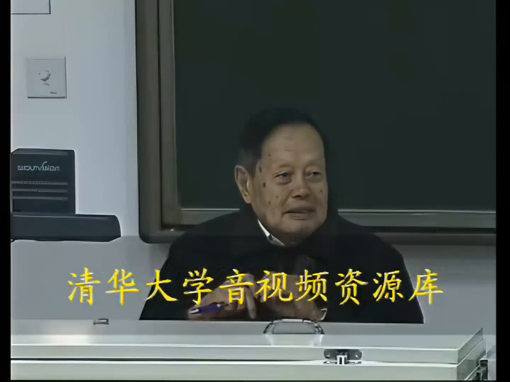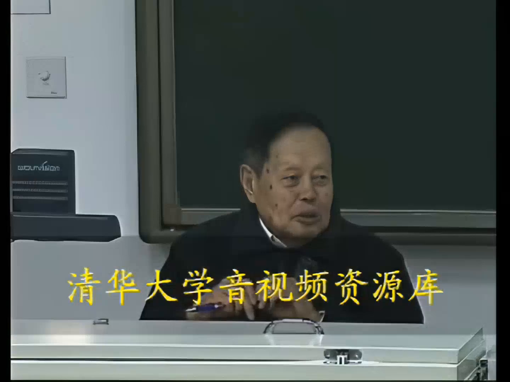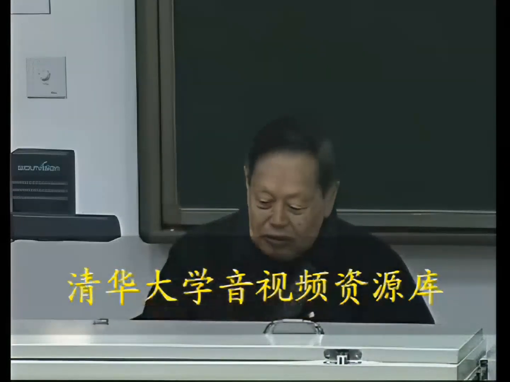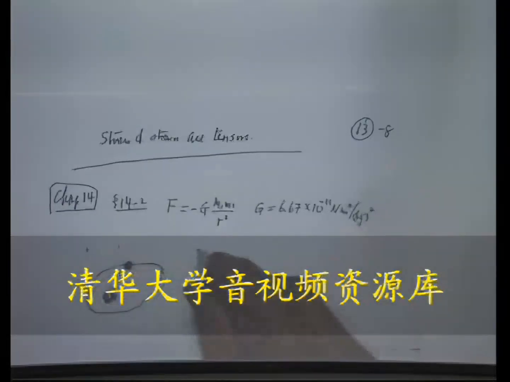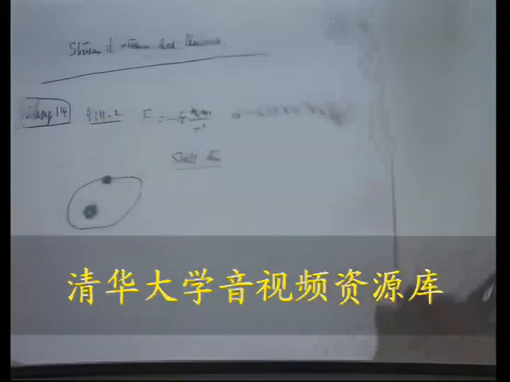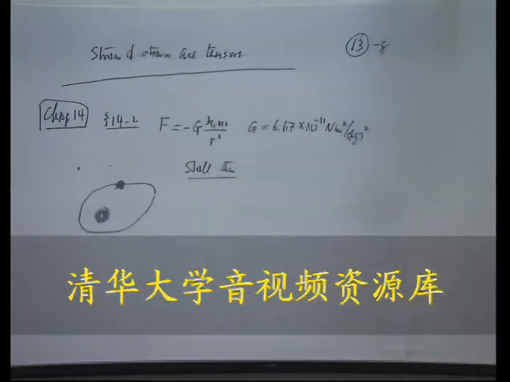So Newton knew that. And Newton wanted to show that the big sphere attracting the small sphere gives you the same result as 2 points attracting each other. And that's the theorem called the Shell Theorem.